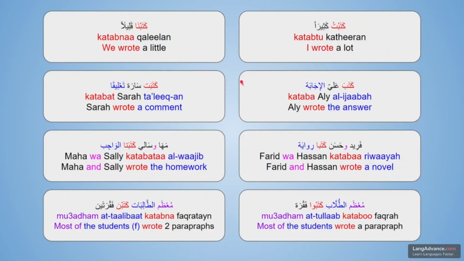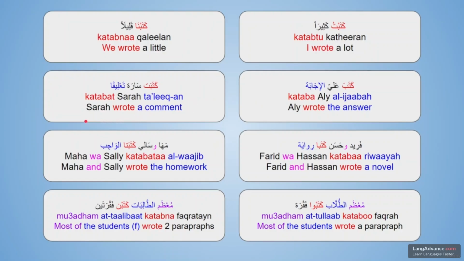And then we can have other examples like I wrote a lot, كتبت كثيرا. And for we wrote a little, كتبنا قليلا. And then you have a sentence like Ali wrote the answer, كتب علي الإجابة.